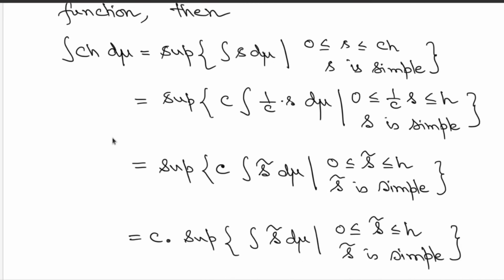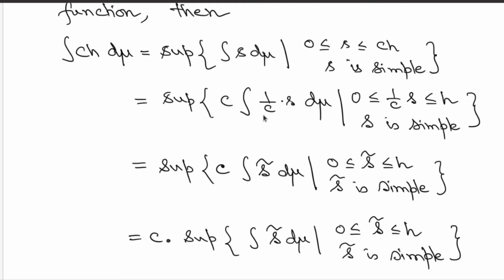But then observe that if you scale the simple functions you are considering by the constant 1 by c, then what will happen? This will still remain a simple function, and these simple functions 1 by c times s will be smaller than h. Then you look at this integration value, so you divide and multiply by the constant c. For simple functions you have already allowed multiplication by a scalar, so that's what we are using here.